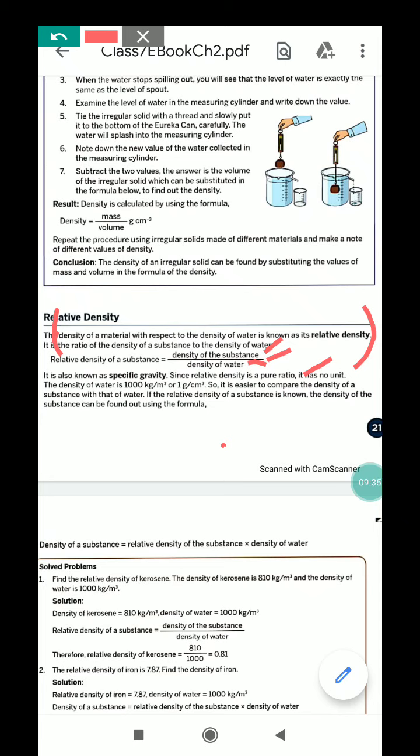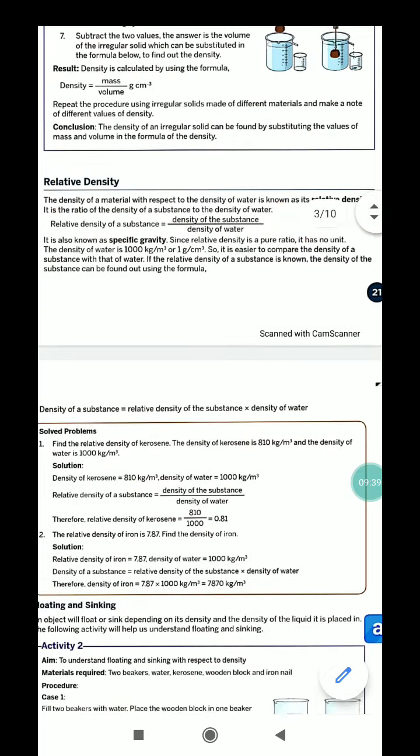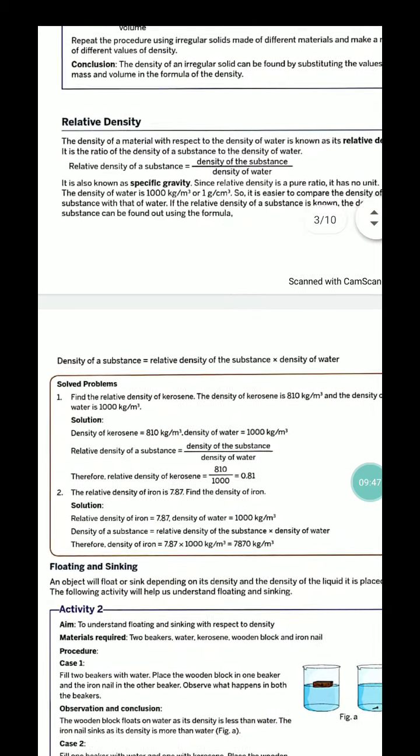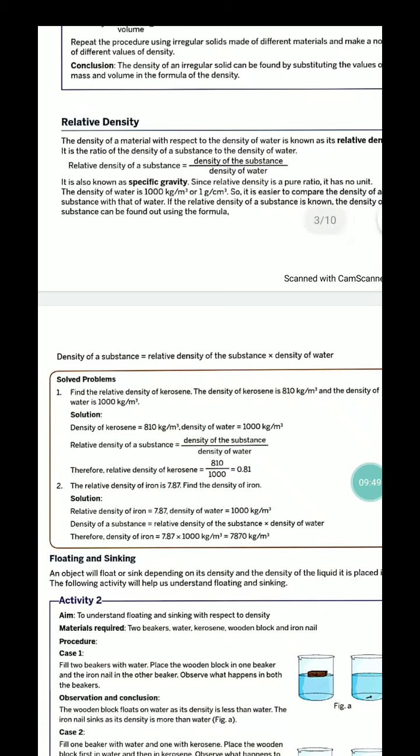Let's take an example. Now we will do a numerical problem. Find the relative density of kerosene. The density of kerosene is 810 kg per meter cube and the density of water is 1000 kg per meter cube.